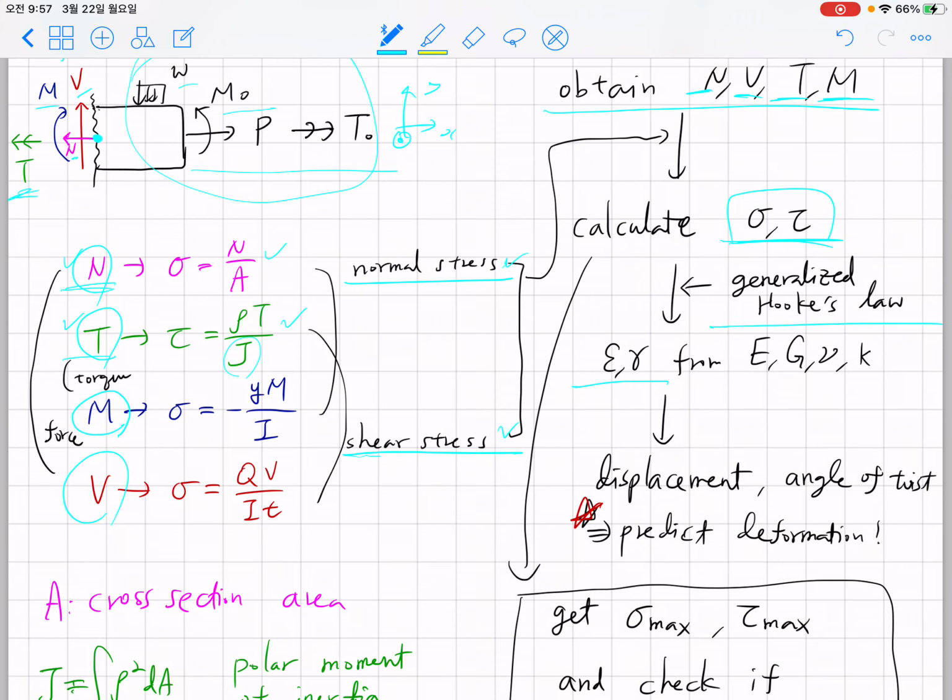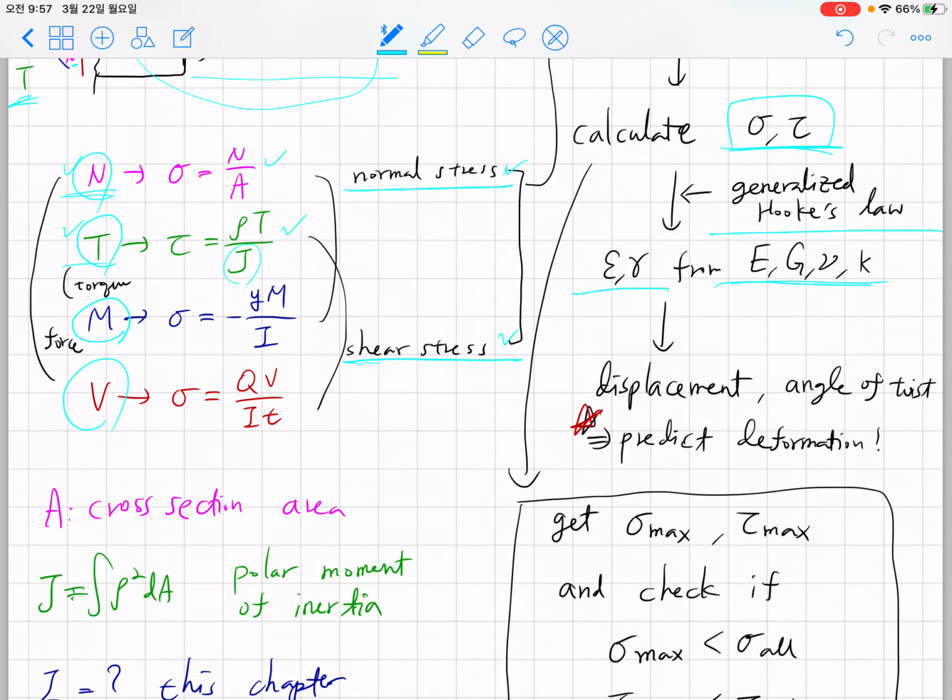In utilizing generalized Hooke's law, you're going to need the material property, and we found that out of 4 elastic constants, only 2 of them are independent of each other, and the other 2 can be obtained automatically using the relationships if 2 of them are given. Having obtained the normal strain and shear strain, after integrating this over the entire body, we can obtain either displacement or angle of twist, so that we can predict deformation. This is the logical flow.